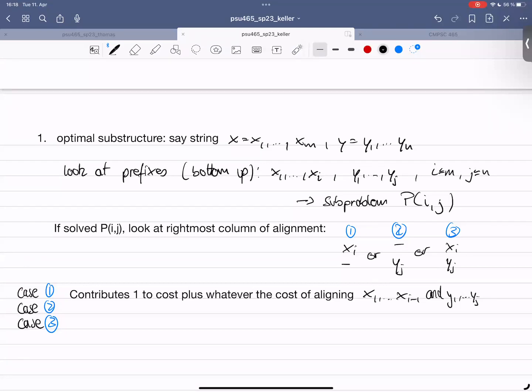And what is that in terms of P? This is exactly P(i-1, j).